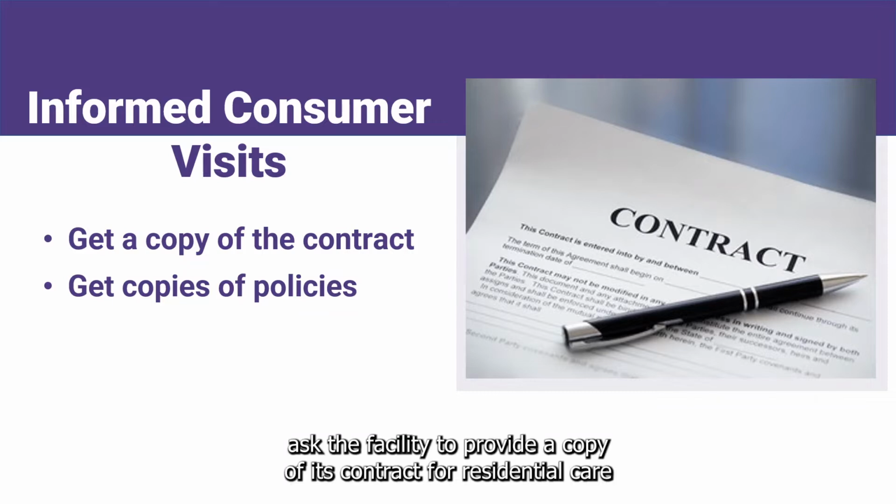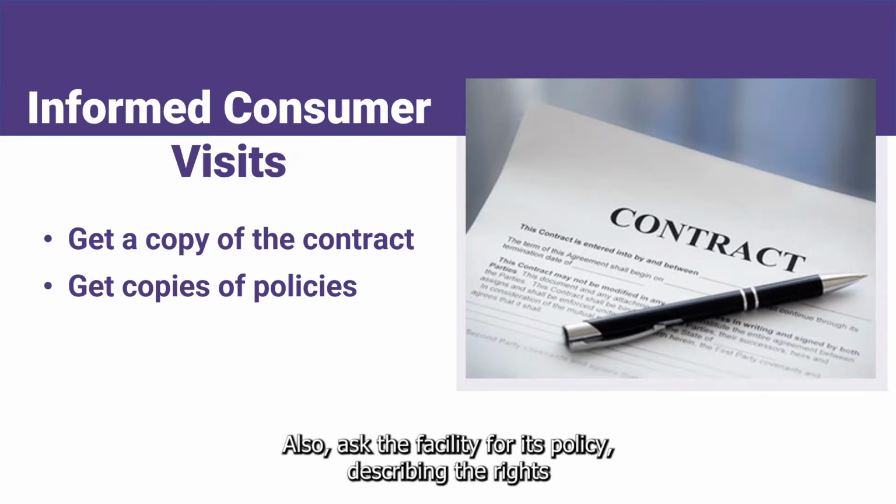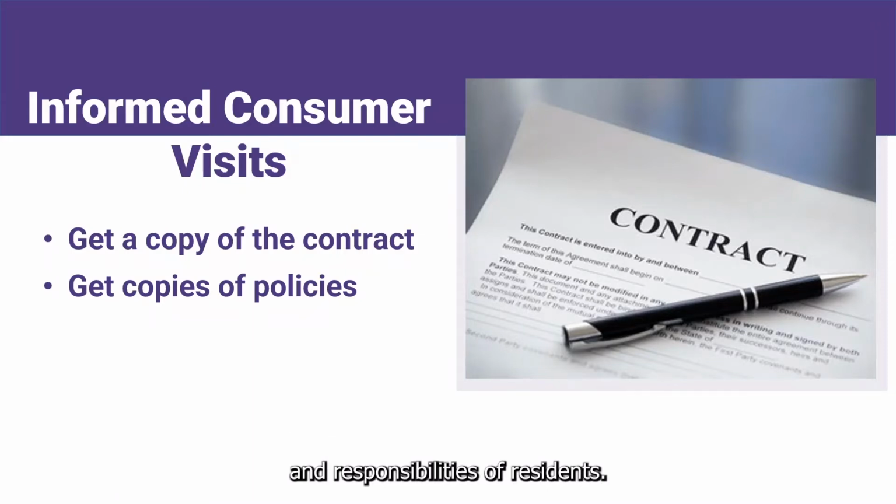During the visit, ask the facility to provide a copy of its contract for residential care and analyze and compare the terms and conditions of the contract. Also, ask the facility for its policy describing the rights and responsibility of residents.